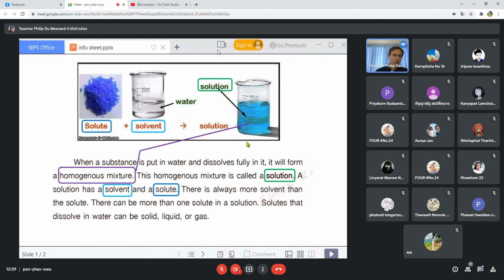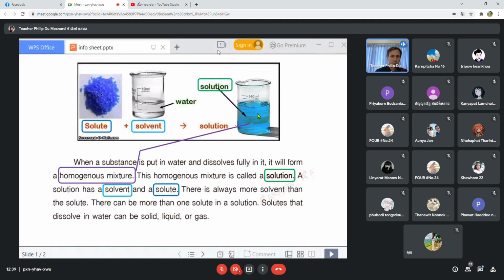Okay, so before I go to the next page, it says here that if you put something in the water and it can dissolve, it forms a homogeneous mixture. So we put the blue crystals in the water, and now the water is blue. But we don't see the crystals, we only see the blue water.